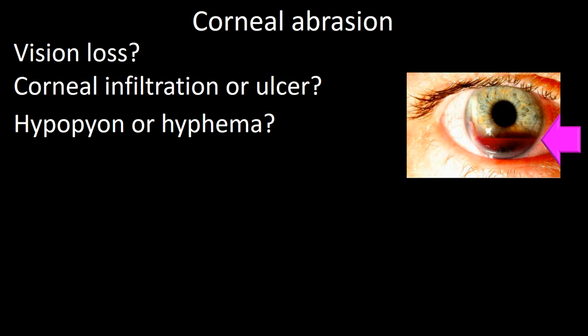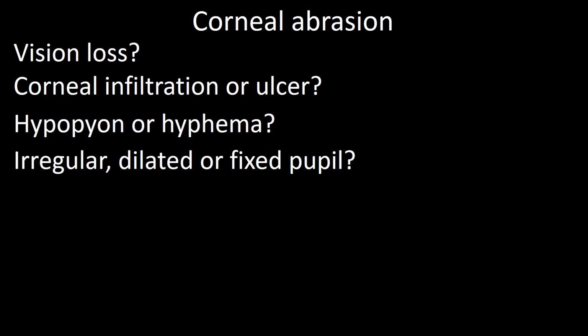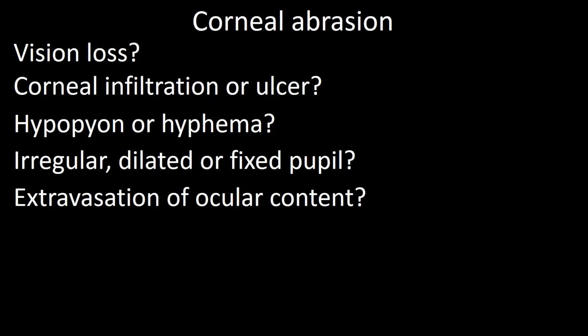As you can see here, again, notice the fluid level. Is the pupil of the affected eye irregular, dilated, or fixed? Is there extravasation of aqueous humor? If the answer to any of these questions is yes, the patient should be referred to an eye doctor immediately.